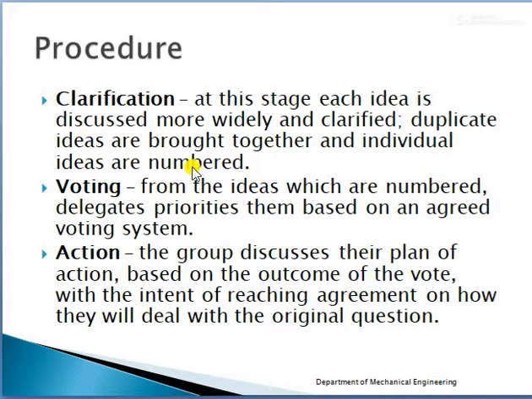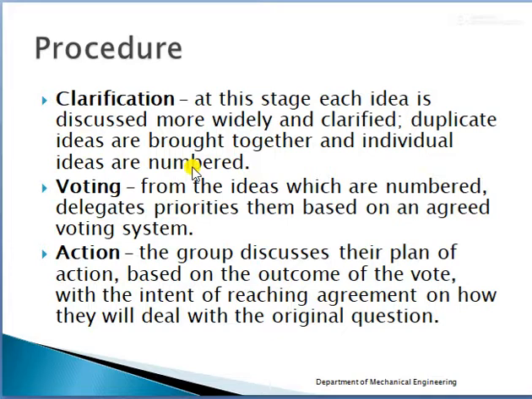Third, we will have the clarification. At this stage, each idea is discussed more widely and clarified. Duplicate ideas are brought together and individual ideas are numbered. Next, we are going to have voting.